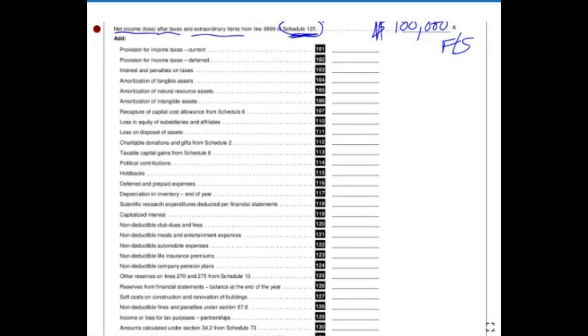When it comes to those meals, that's a general rule that only half is deductible. But there are some more complex rules and some scenarios where you would be allowed to deduct 100% of certain meal expenses. So then you'd have to go in and adjust this amount manually based on your calculations of that. So this isn't always perfect. The software doesn't always do all the work for you.